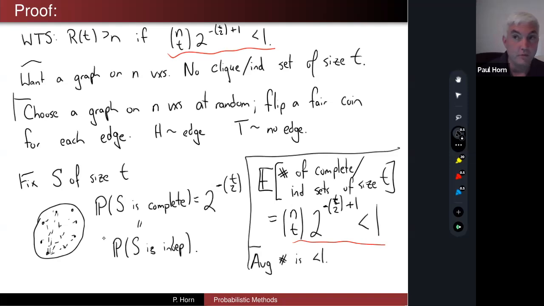Well, if the average number is less than 1, there must be a real instance, a real outcome where this is less than 1. And the only way this could be less than 1 is if it's 0. So there must be some way in which this is 0.